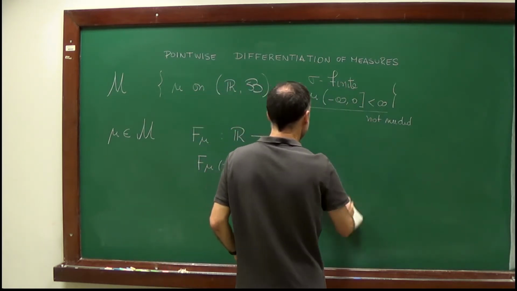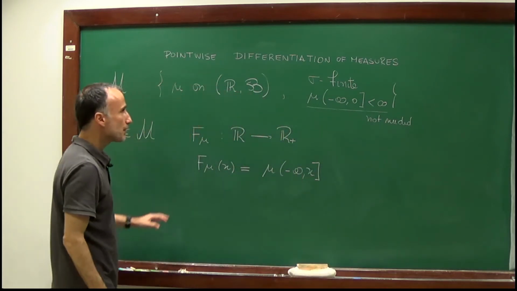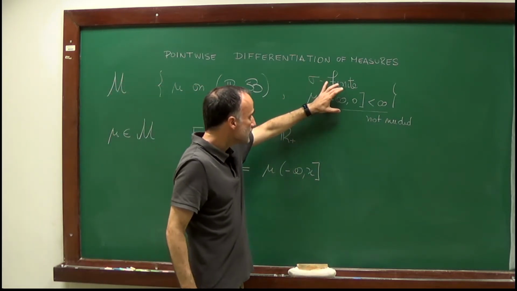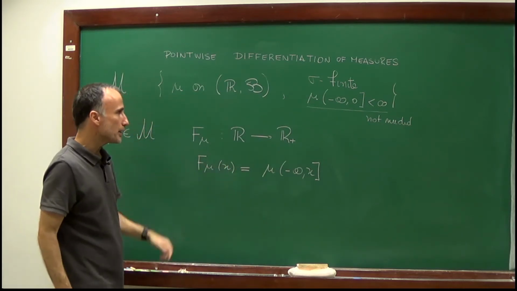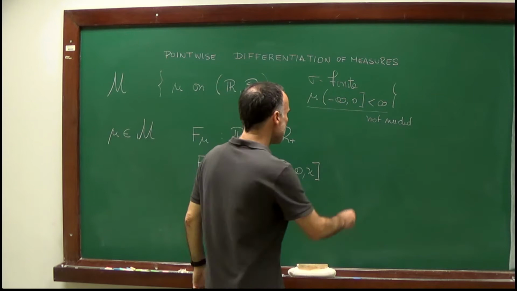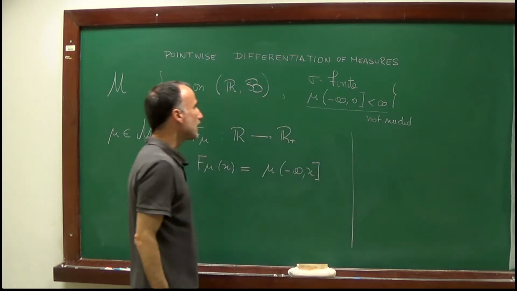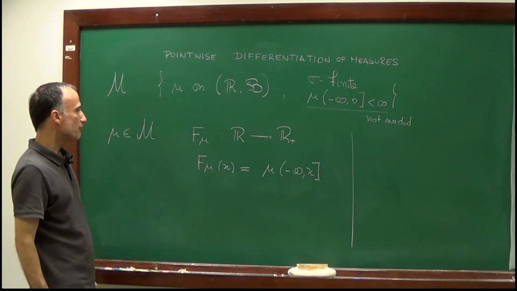Okay? And you see that it is this assumption which allowed me to define f mu in this simple way. If I didn't have this assumption, I can still define a function.